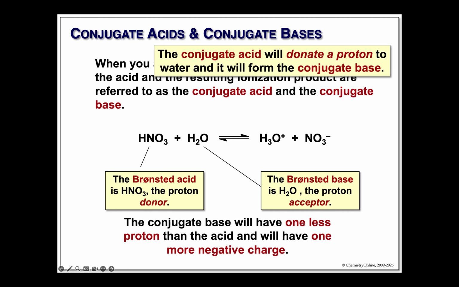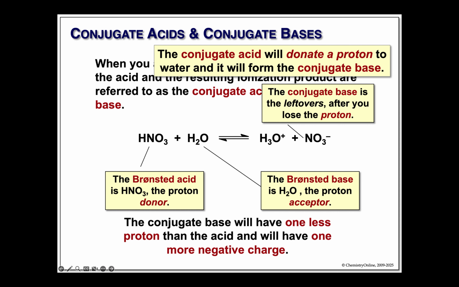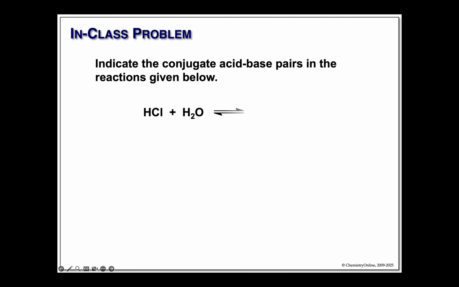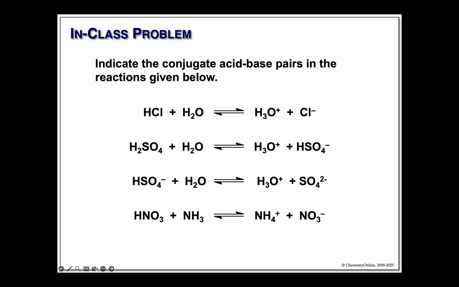Again, remember this is the Bronsted acid. A Bronsted base is an acceptor, but the conjugate base is what's left over after you remove the proton. Let's look at just some ionizations here and identify conjugate acid-base pairs.